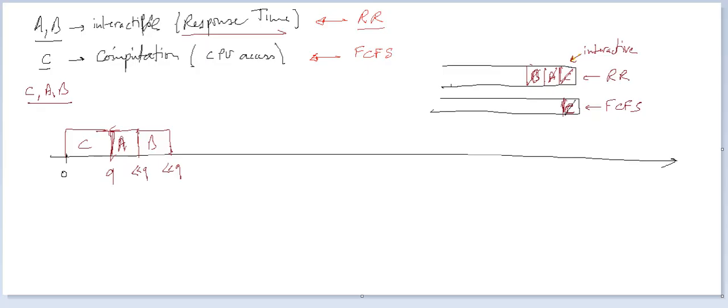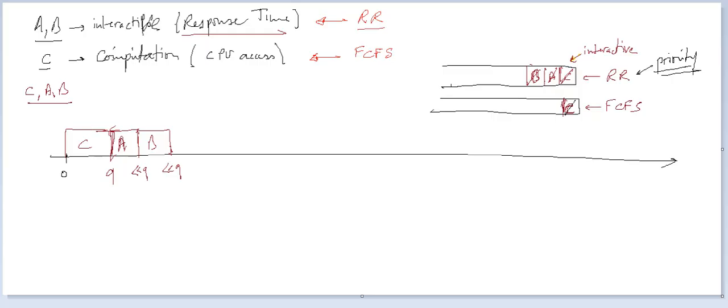Now, one thing I didn't say is that since you have two different queues, or many different queues, you have to apply some kind of priority between the queues.